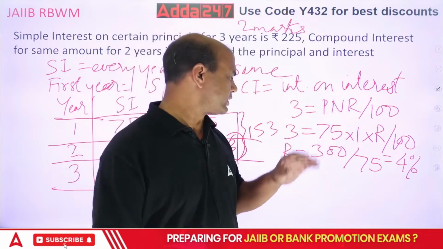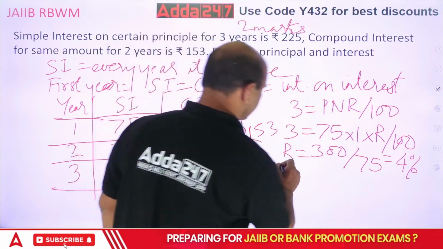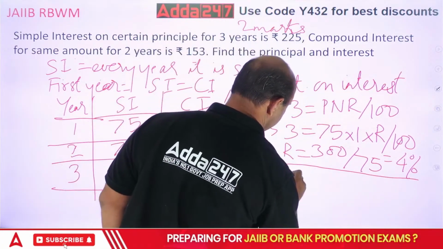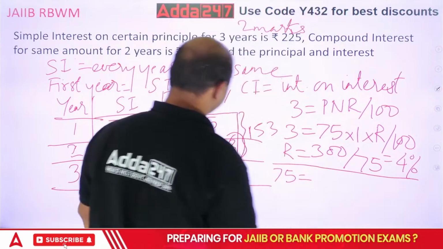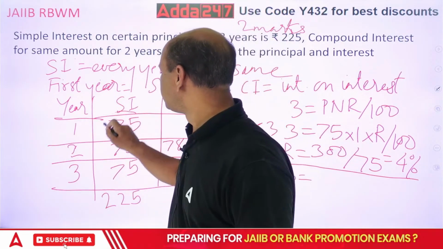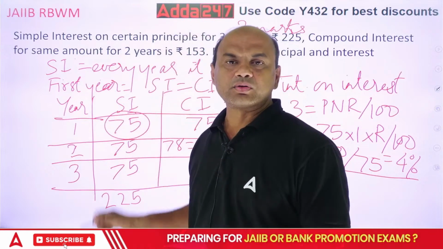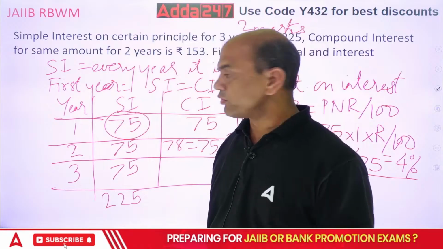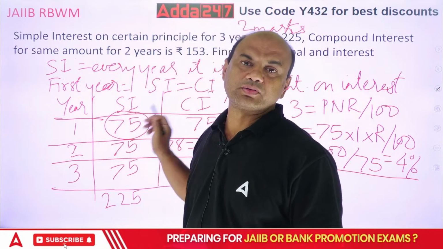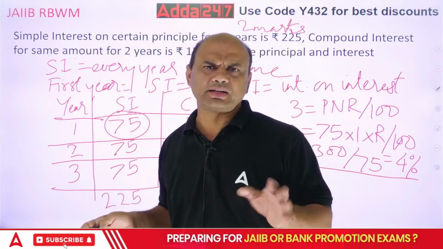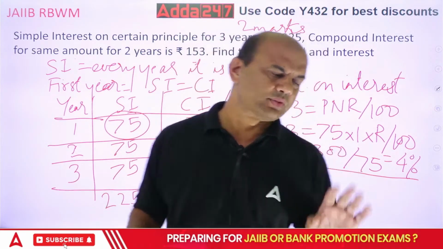Suppose I write it like this: 75 equals 75. What is this 75? This 75 is the interest for the first year. How did I get this 75 rupees interest? I invested something for 1 year and then I got 75. So what is that something? That I don't know. Let's keep it like that only.